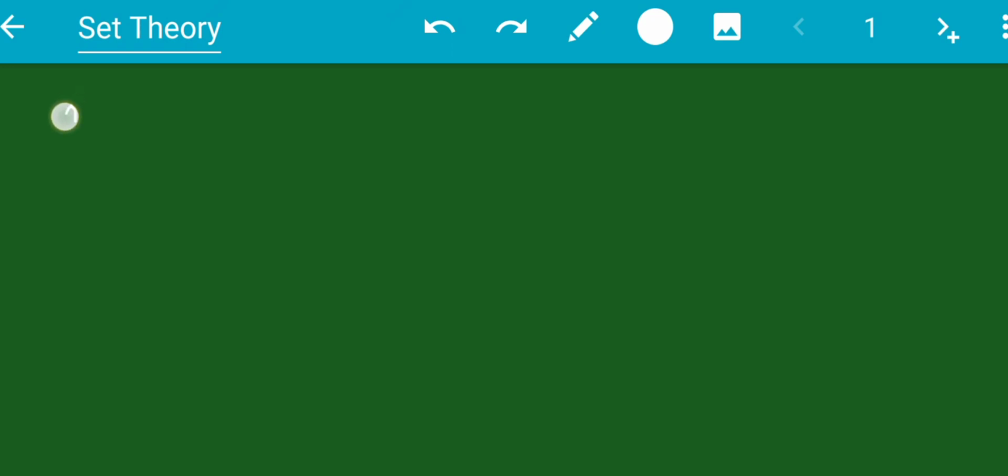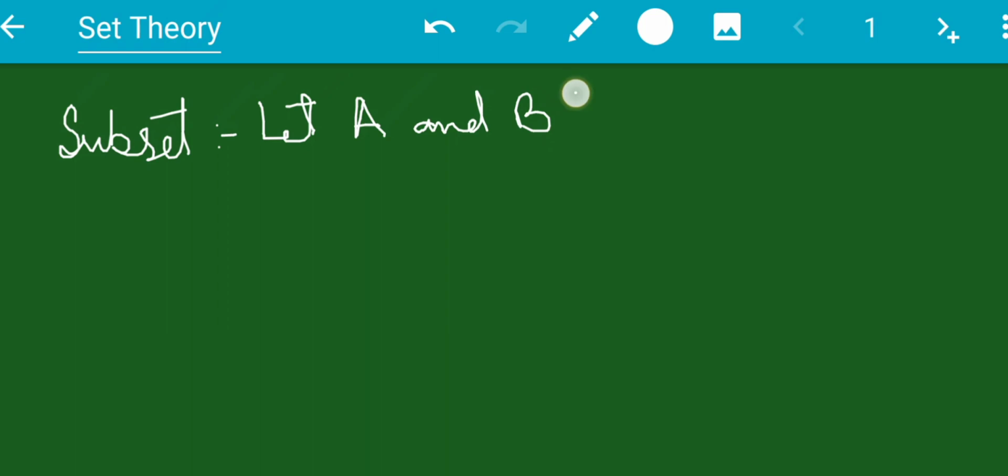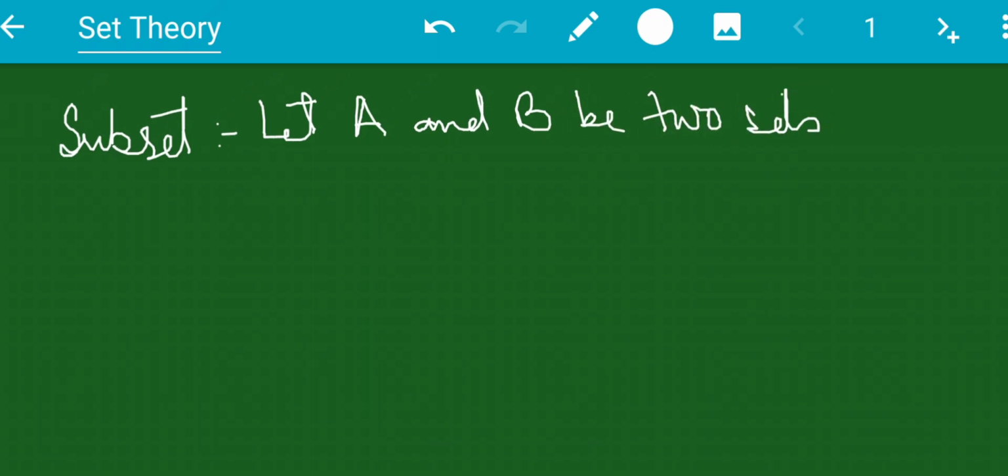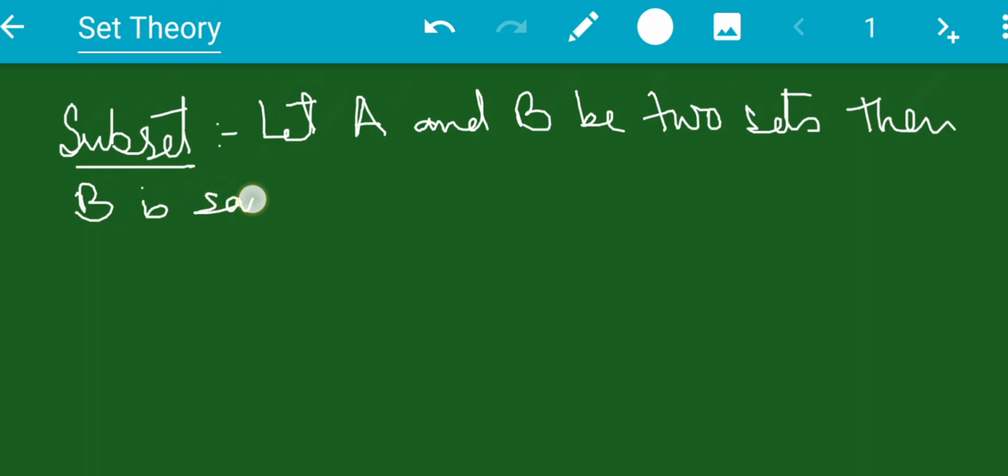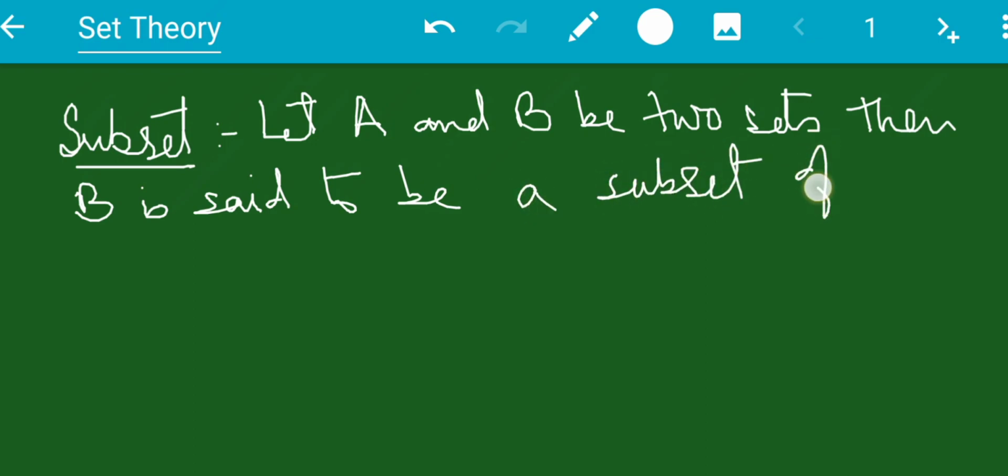So let's start. What is a subset? Let A and B be two sets, then B is said to be a subset of A if, what is the condition?